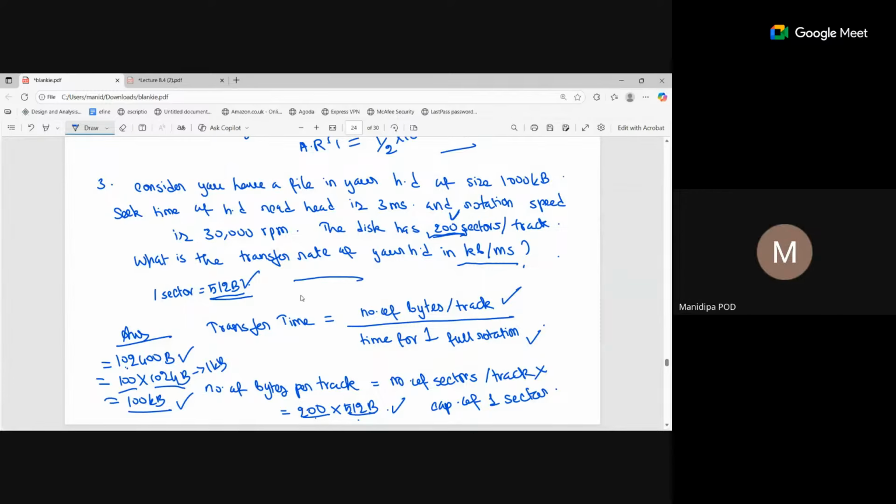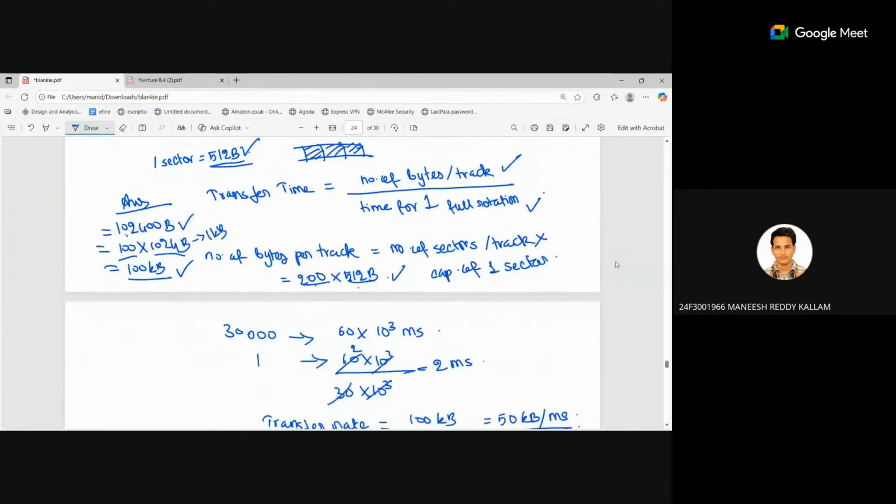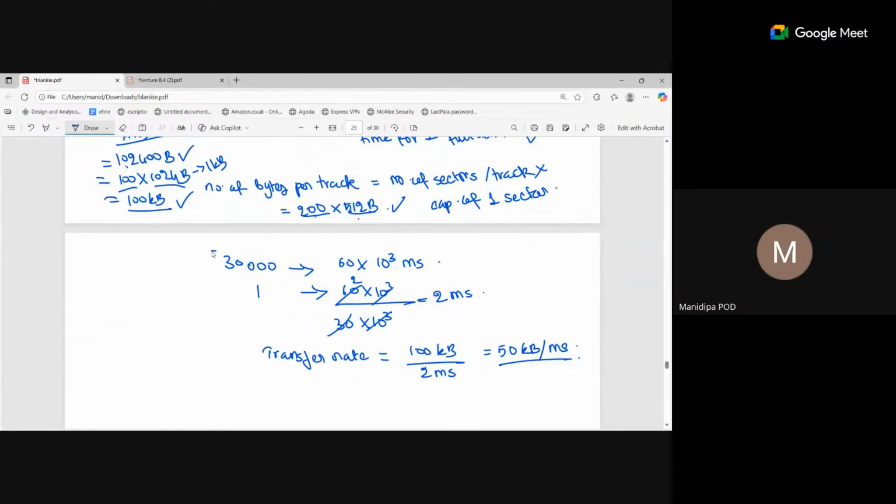See, if this is part of a track, these are the sectors, and the sectors contain the information. How many sectors are there, and how much information can one sector have? The multiplication is the product, how many bytes per track there are. Yes, ma'am, got it. I hope this calculation is now clear to you, just how to find it out. Yes, ma'am. That's unit maths, right?